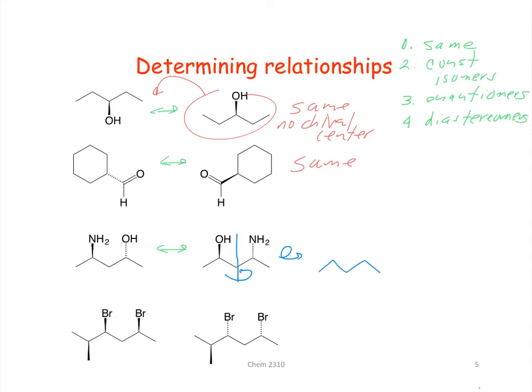The amine is going back here, it's going to be coming forward. The OH is in front, it's going to go back. Then we compare. Oh, look, that one's the same too. This is getting boring. They're all the same. All right, what about the next one?